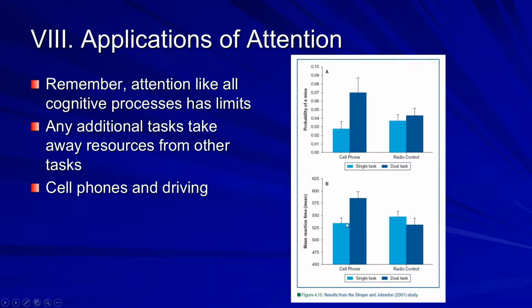This is about a 60-70 millisecond difference, which is an eternity when you're traveling at 80 miles an hour. And the takeaway message here is try not to be on your cell phone when you're driving. It's the act of having that conversation that oftentimes will disrupt that processing.